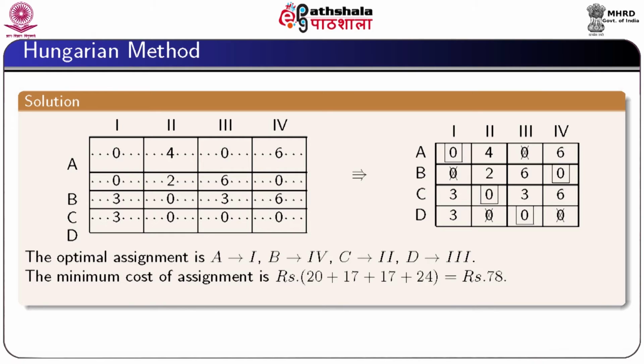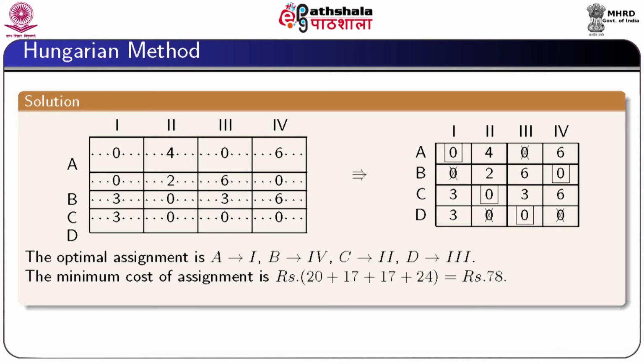we write the results or table as shown on the right hand side of the slide, and for finding the optimal solution, we look for a row or column where a single zero is there.